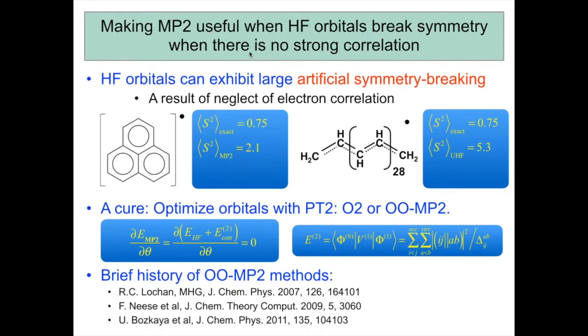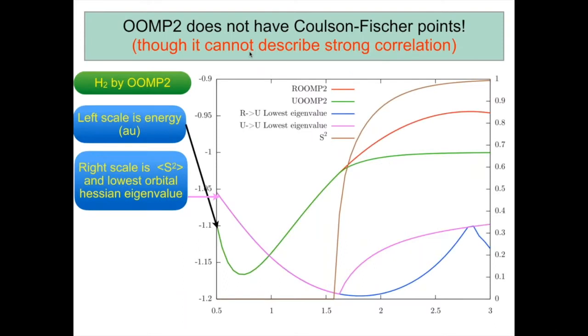And if you apply those methods, they clean up the broken symmetries of Hartree-Fock. So up the top on the left is that phenylenyl radical, now at MP2 with a nearly perfect S squared of 0.76, and for the polyenyl radical at the right with an S squared of 0.79, also very good.